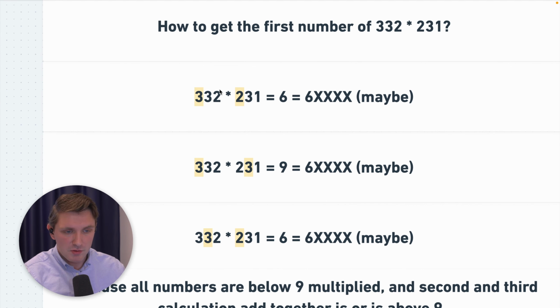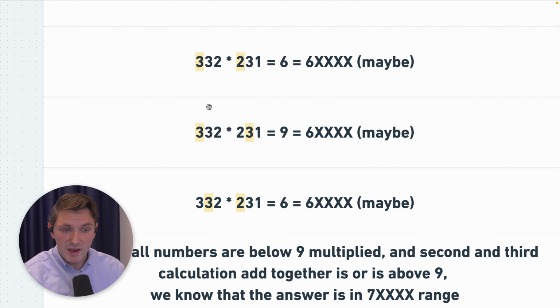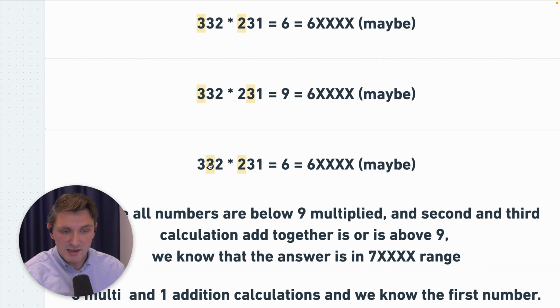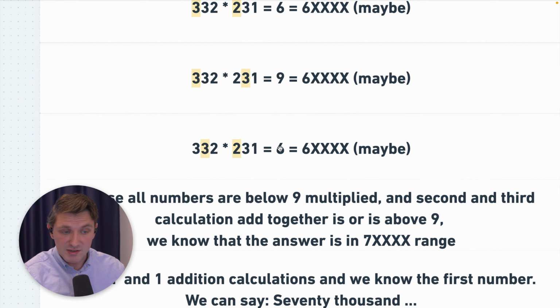It's fully possible that it's 6, but it could also be 7, or 8, and a couple of numbers above, right? So for that, we have to calculate a second thing. We calculate 3 times 3, the first number and the second number, and we get 9. And then we calculate the second number of the first and the first number of the second, and it will give us a 6.